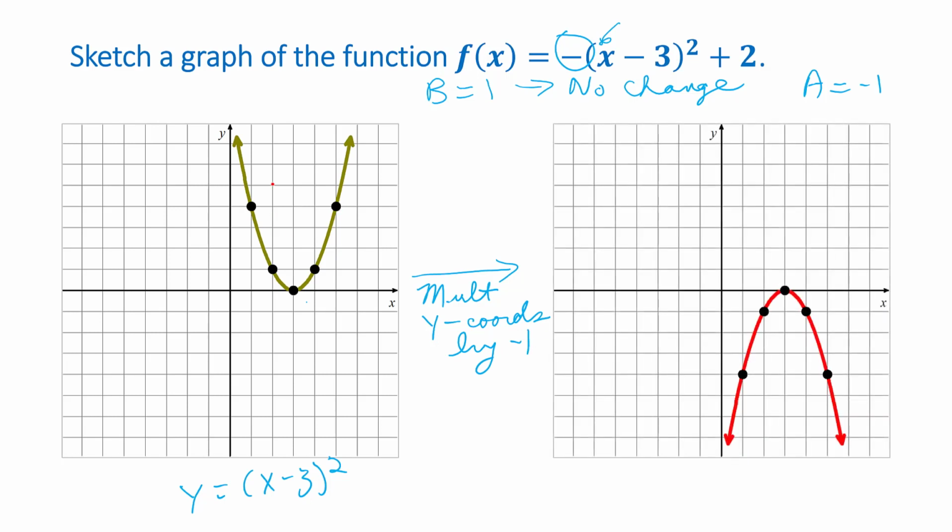For example, let's look at this point 1, 4. If I multiply the y-coordinate of 4 by negative 1, we would get this new point on our graph of 1, negative 4. And now, if I give this graph a name, it would be y equals negative x minus 3 squared. And we'll move on to the next step.